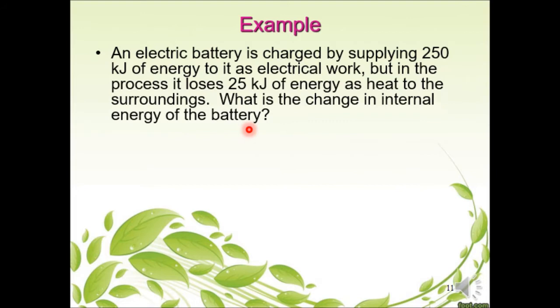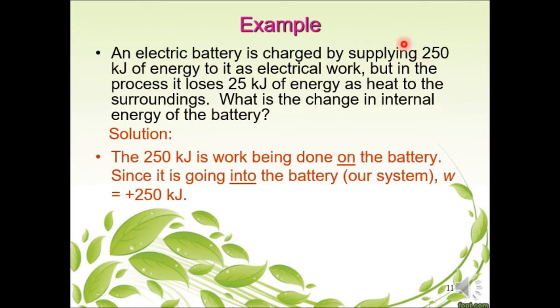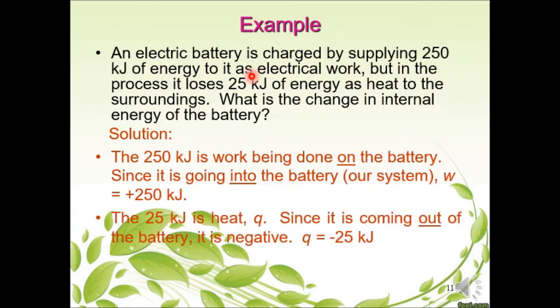We know the formula is ΔU equals Q plus W. W is work, so you supply 250, a positive value, to the battery. During the process it loses heat, so minus Q, which is 25 kilojoules. Therefore we get 225 kilojoules.